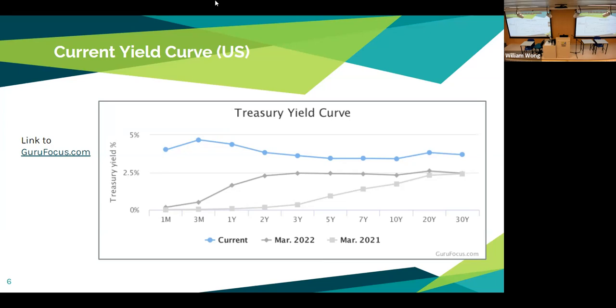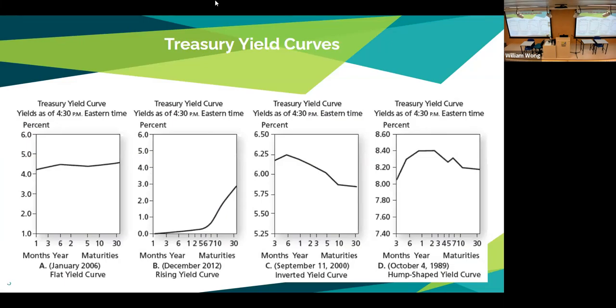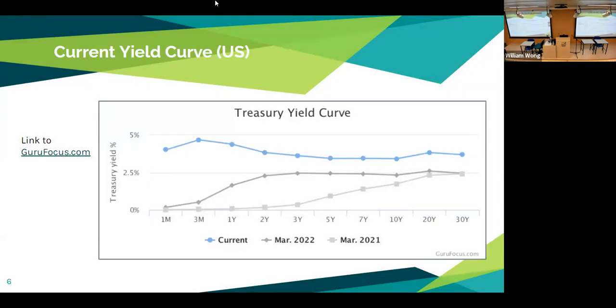So this is called the yield curve or term structure. Term means a different term, and this is structure. This is the treasury yield curve, and this is the typical yield curve and the inverted yield curve. So the yield curve is about the yield against the maturity.